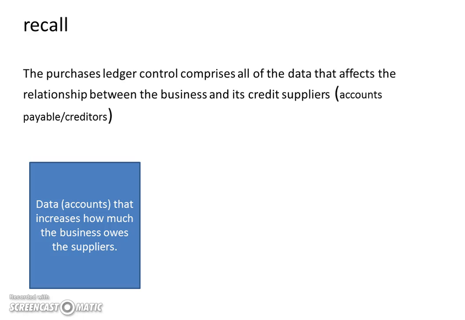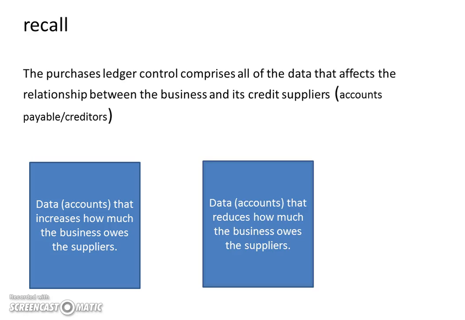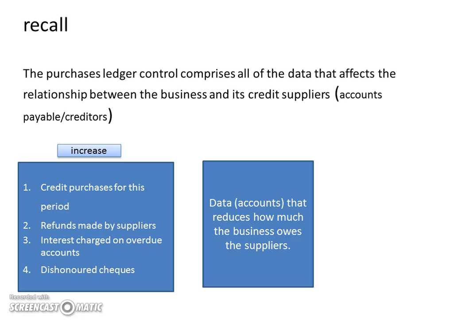And we know that we want all the information that will increase the balance that is owed to the suppliers minus all of the information that reduces the balance that is owed to the suppliers in order to get the balance.